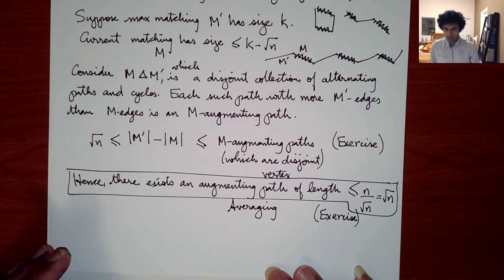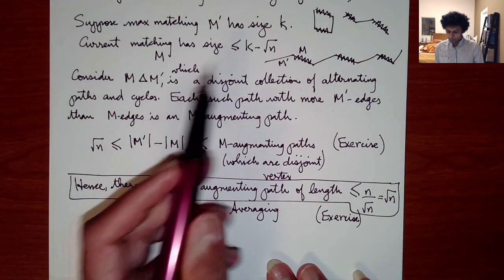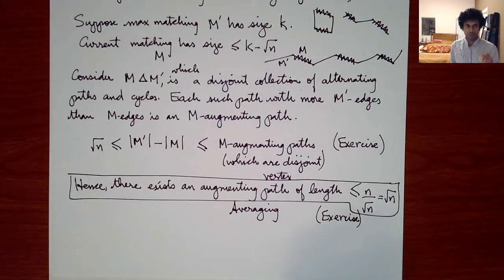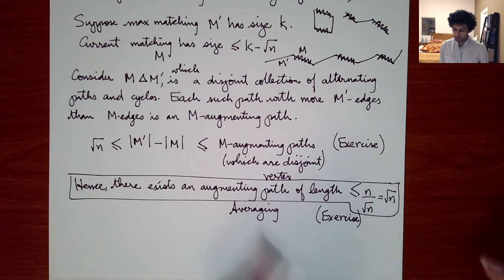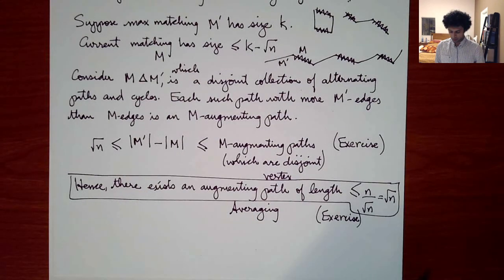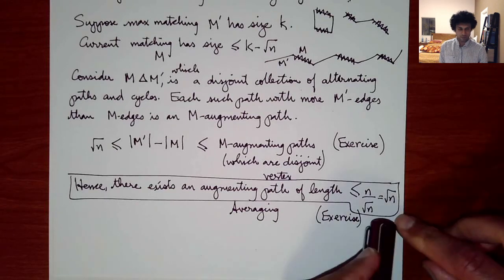It says that as long as the current matching is at most root n less than the max matching, the current matching is k minus root n, then there is always an augmenting path of length at most root n. Which means the augmenting paths are all going to be short. They're all going to happen in these first root n stages.